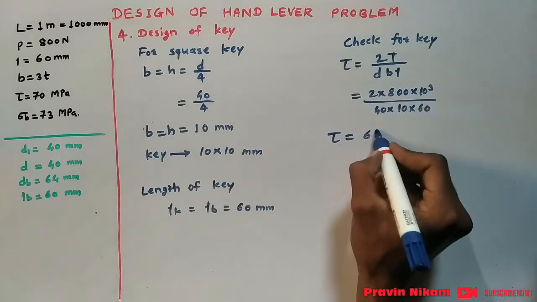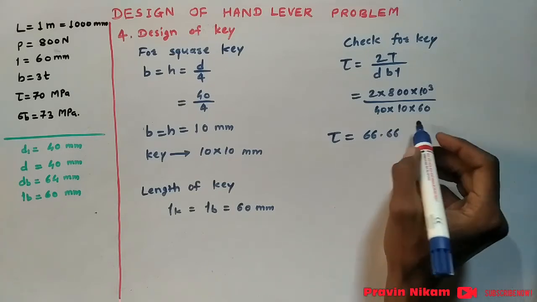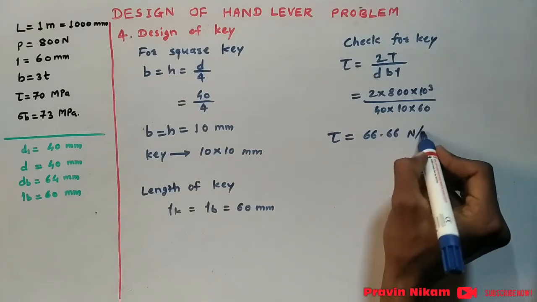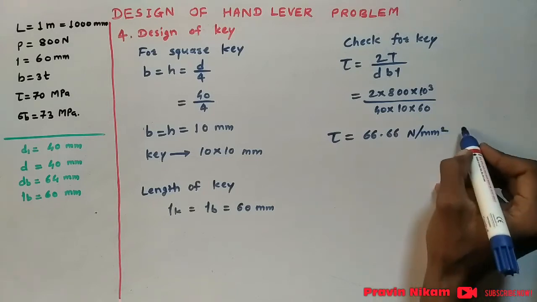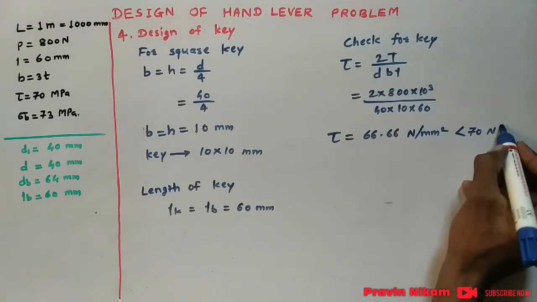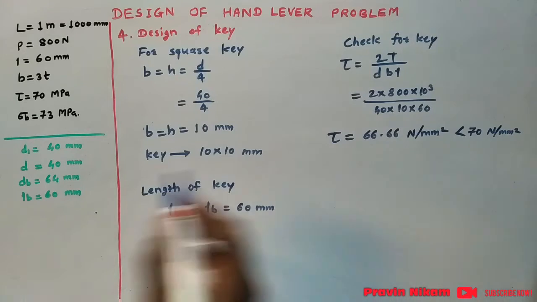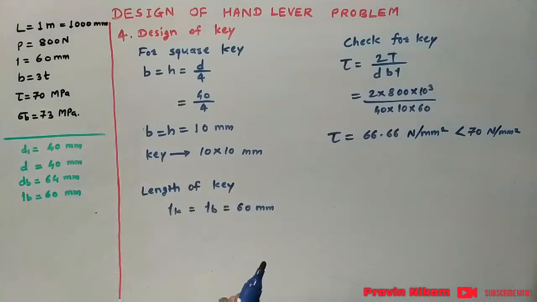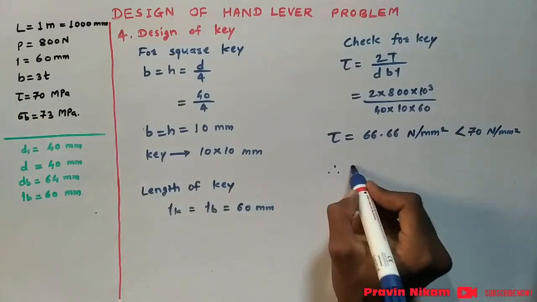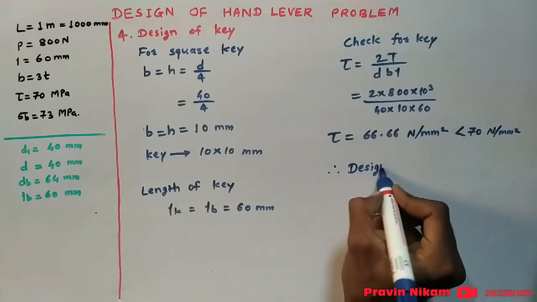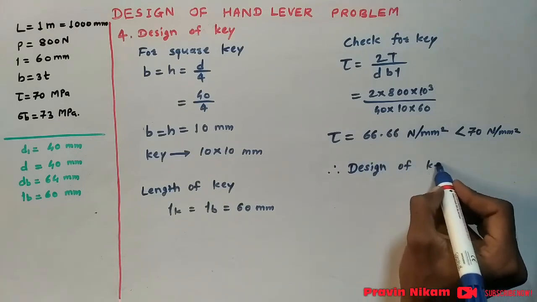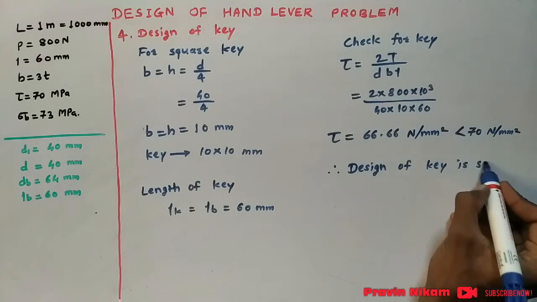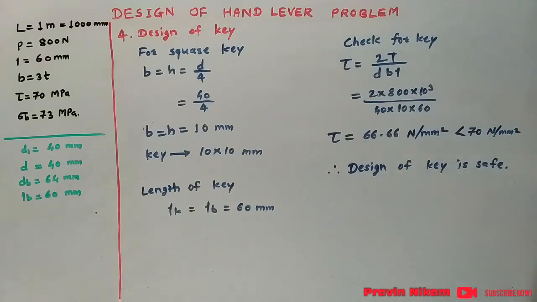So tau is equal to 66.66 Newton per mm square. It is less than 70 Newton per mm square, that is the permissible shear stress. Therefore, the design of key is safe. Okay, this is the design of key.